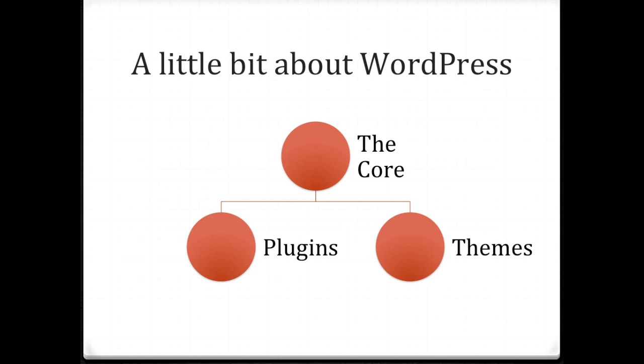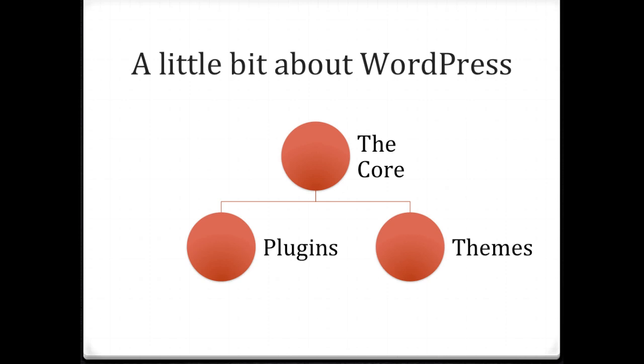Another thing to know is that WordPress has a core, which contains all the functions of how WordPress works. It is like the engine of WordPress, and above it you have plugins and themes. When you develop plugins, you make calls to the core, where you can extend the functionalities by adding things called hooks.